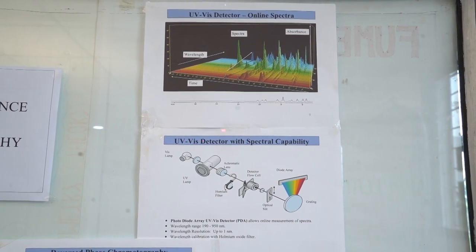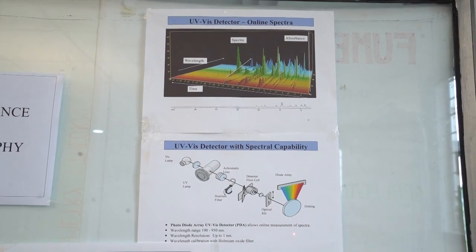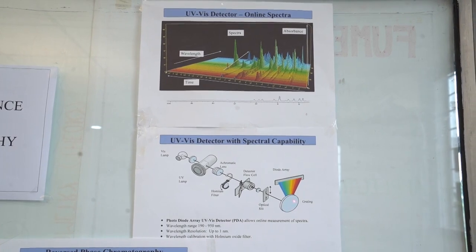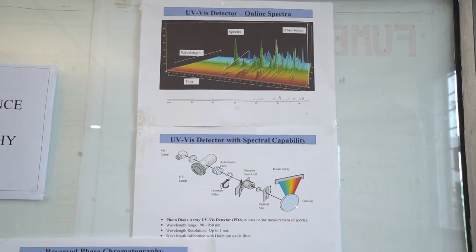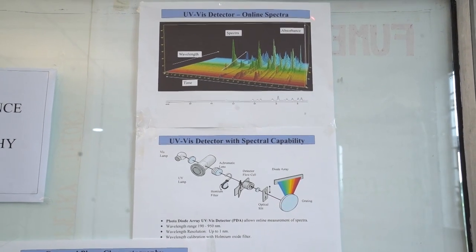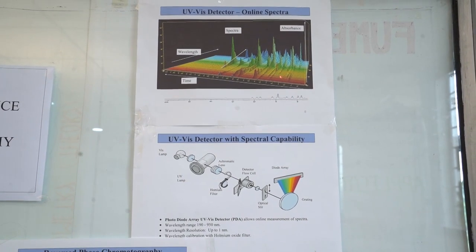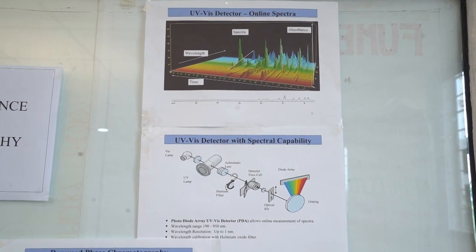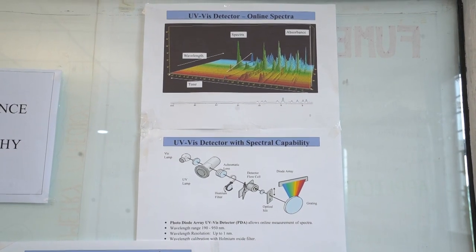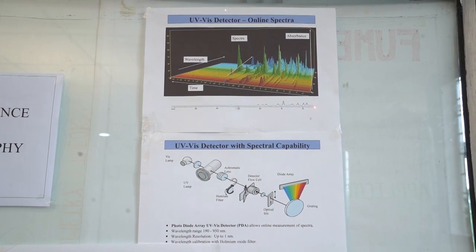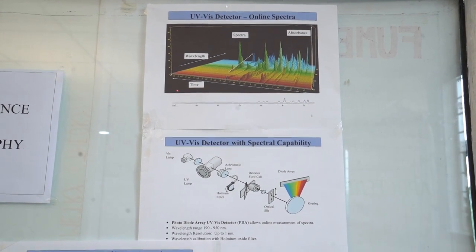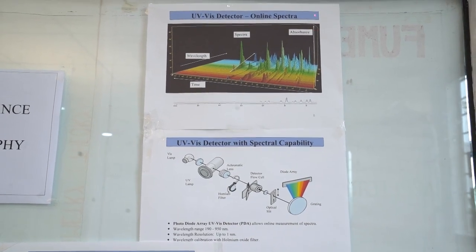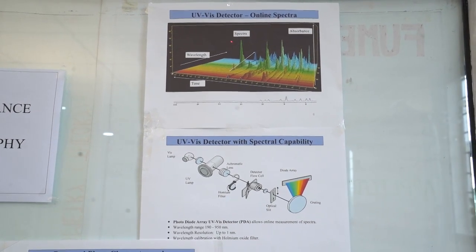The major advantage of the photodiode array detector is that it gives you what we call a three-dimensional output, that is a chromatographic output and the UV spectral output. What you see over here is a three-dimensional output obtained from a photodiode array detector, which shows the chromatographic output of the detector response and the time scale, and the UV spectral output, which gives you the detector response and the wavelength scale.